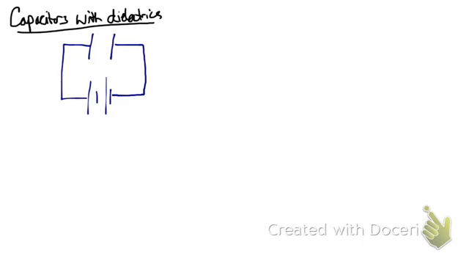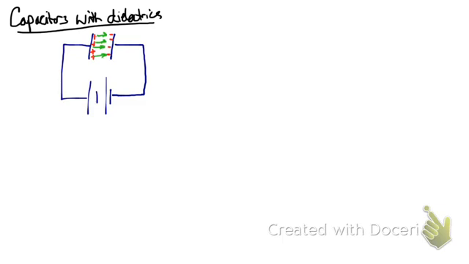What do we have here? We've got our capacitor. Now imagine there's our positive charge, our negative charge accumulating on it, and there would be an electric field going across our capacitor.